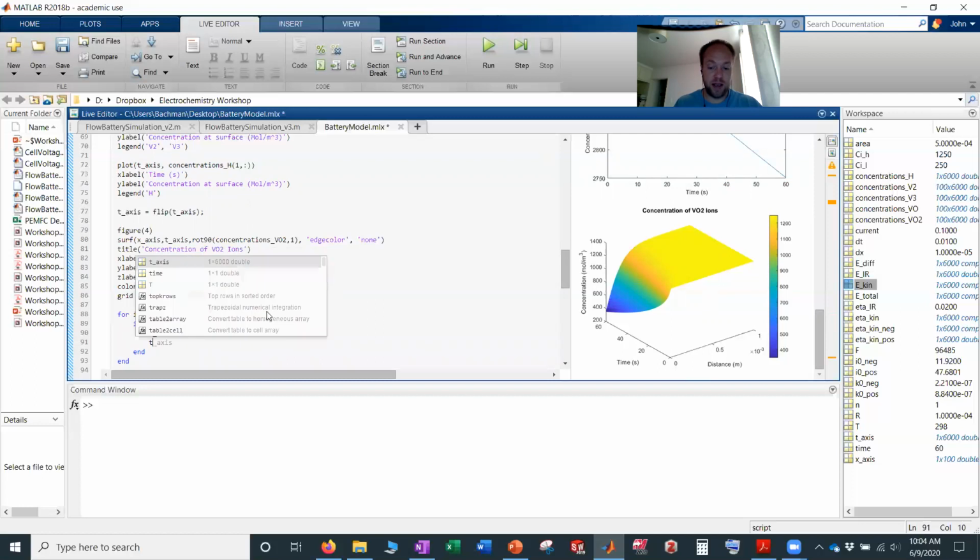And T death, the time for death, is going to be equal to I times dt. So that's each time step.